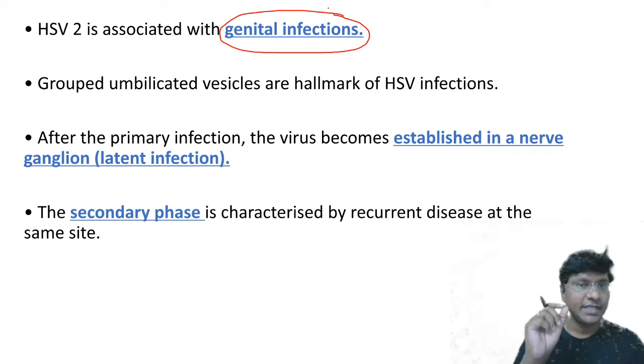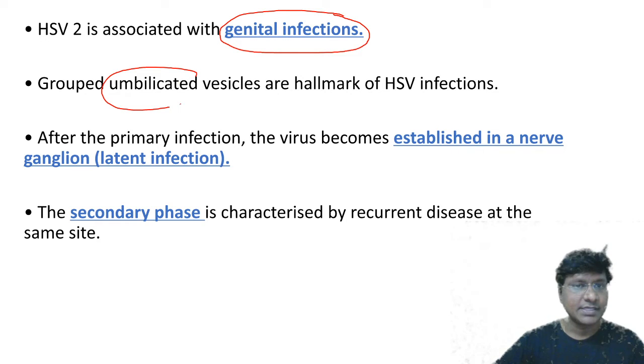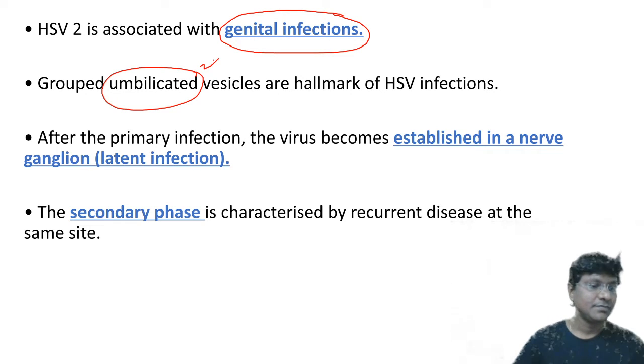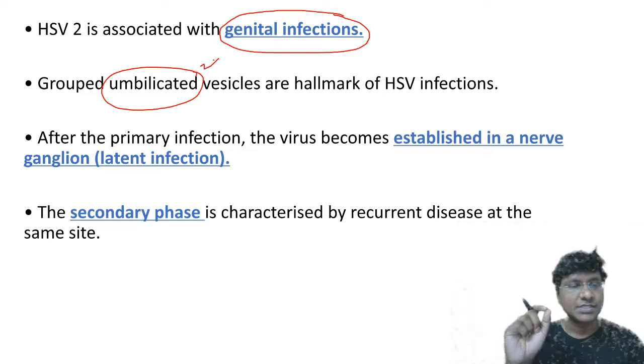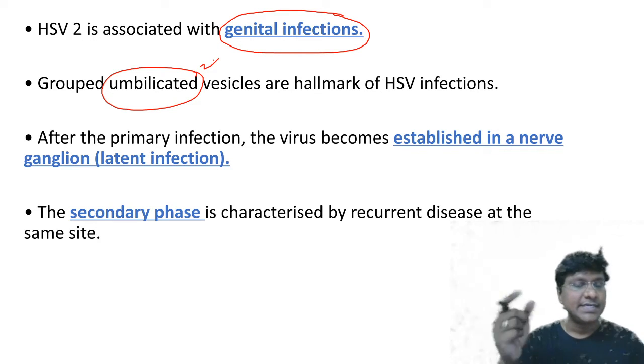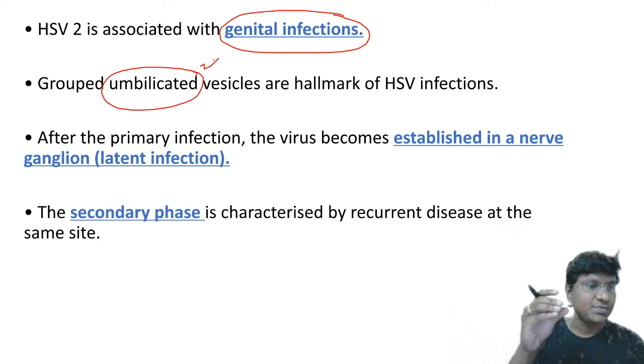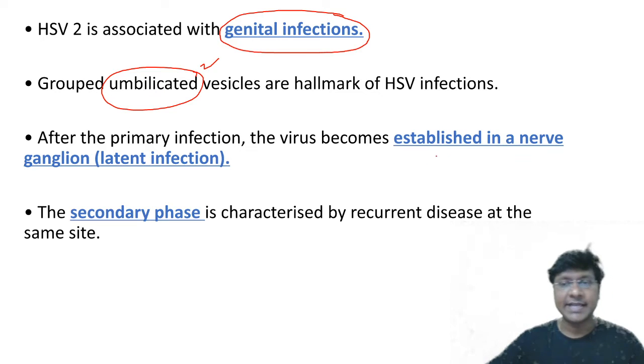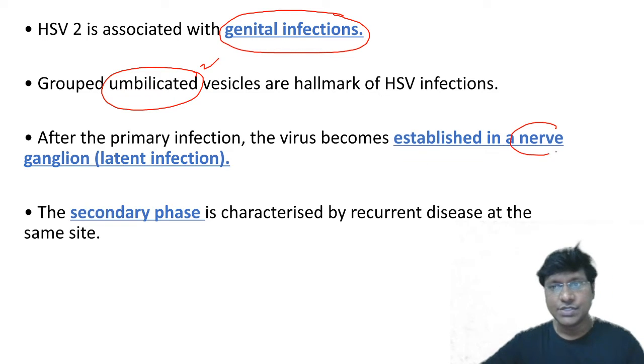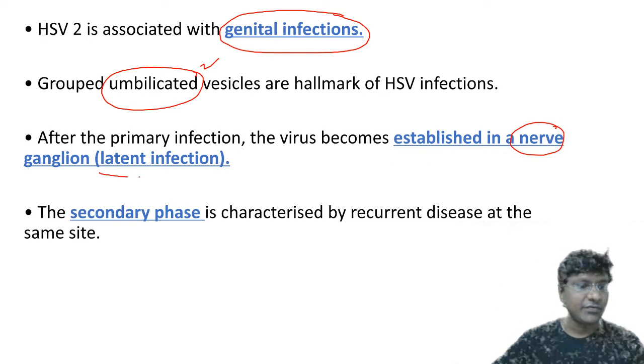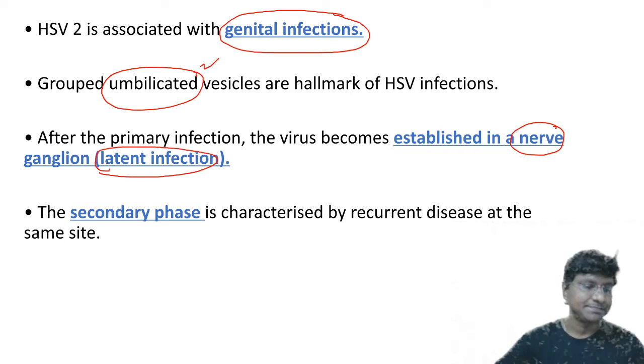Remember, if there are umbilicated vesicles, mainly think of herpes simplex virus infection. Initially it will cause the active infection, and later on the HSV virus will get established in the nerve in the form of latent infection.